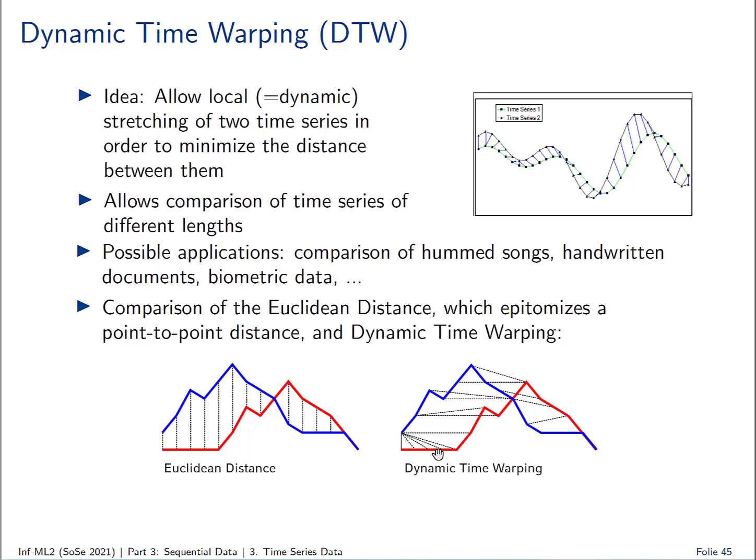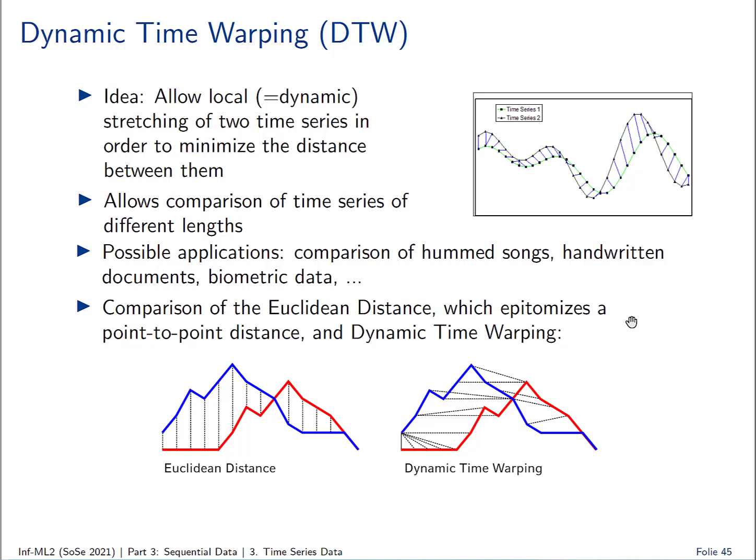All those time slots from the red one will be mapped on this time slot from the blue one, and the second time slot from the blue one will be mapped to maybe this or this time slot here, and then to this time slot here, and so on. So you allow for some kind of stretching, of one of the two or both actually, to find the perfect match between the values of the two.